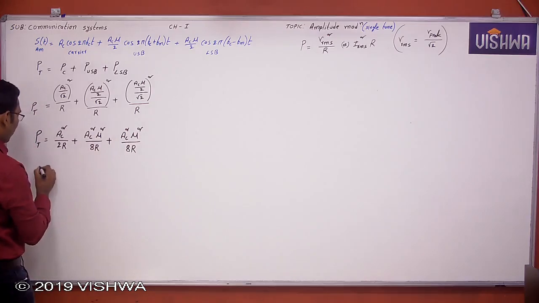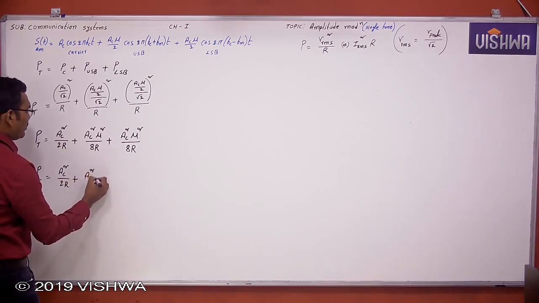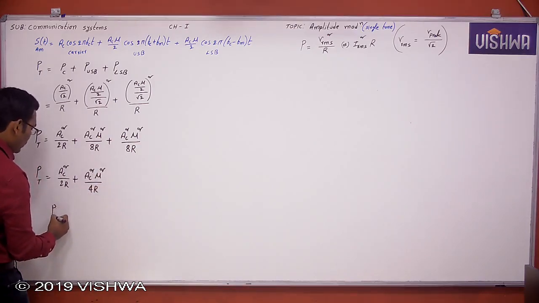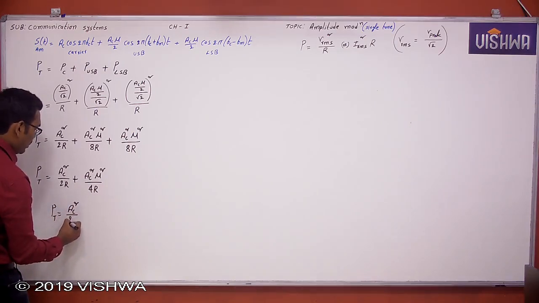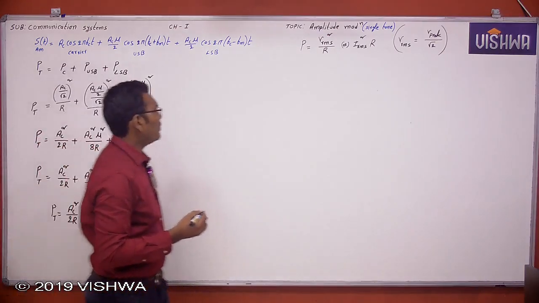So the total power equals AC square by 2R, taking it as common, times (1 plus mu square by 2).